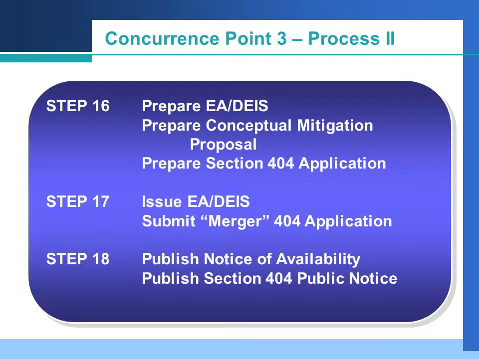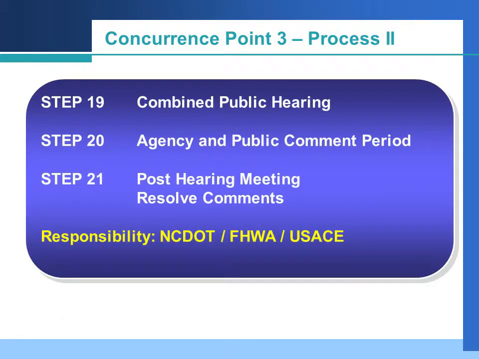Step 18 includes publishing the Notice of Availability and Section 404 public notice. Step 19 includes holding the combined public hearing. Step 20 includes the agency and public comment period, and Step 21 includes the post-hearing meeting and resolving agency and public comments.